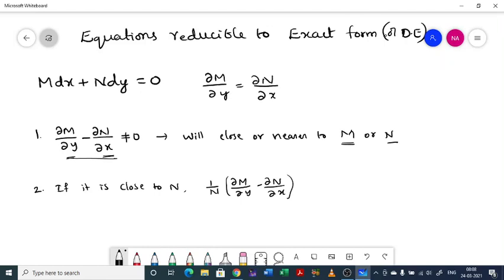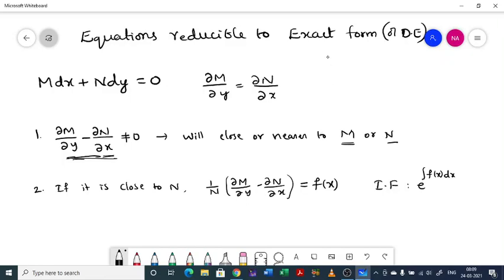That means you just multiply 1/N to this term. Then it will be a function of x alone, which we call f of x. In this case, the integrating factor will be e to the power integral f of x dx.